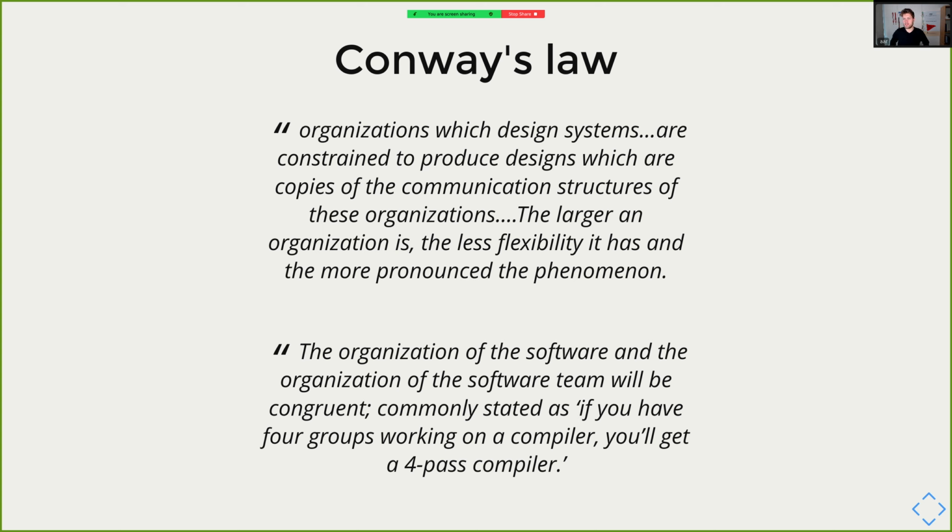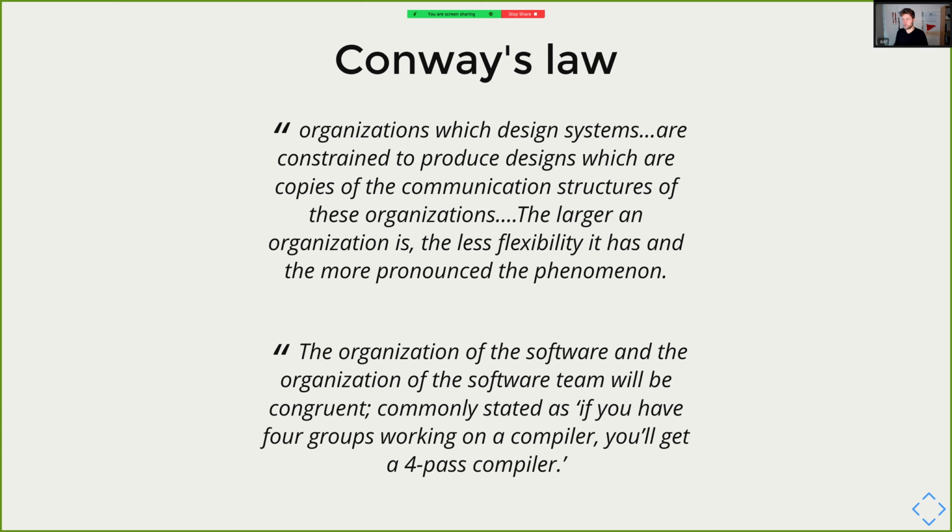Conway's law states: organizations which design systems are constrained to produce designs which copy the communication structure of these organizations. The larger an organization is, the less flexibility it has, and the more pronounced the phenomenon. He made an experiment where he had, I think it was three groups with different group setups.